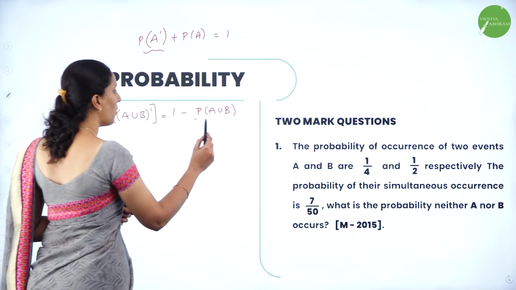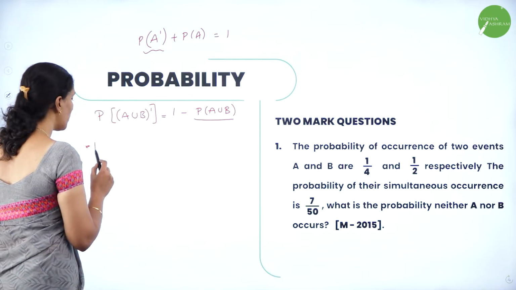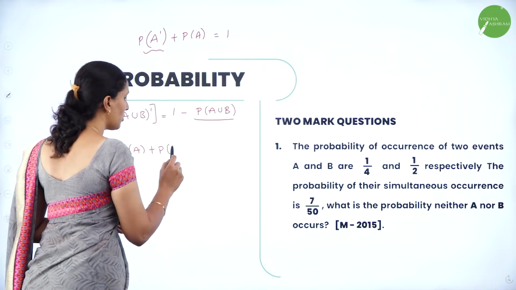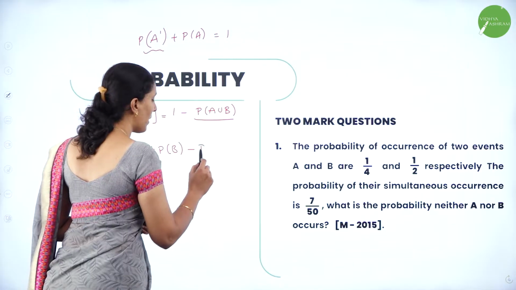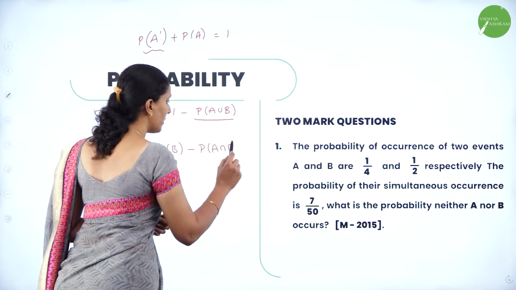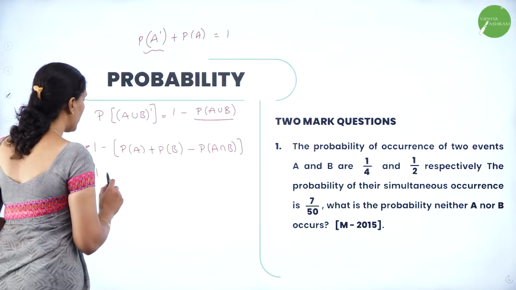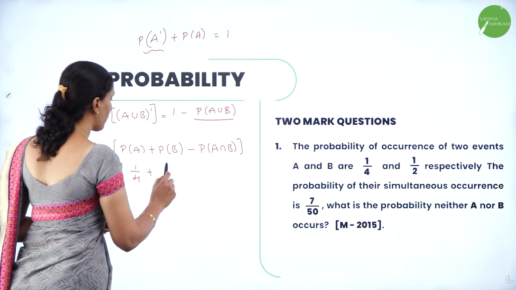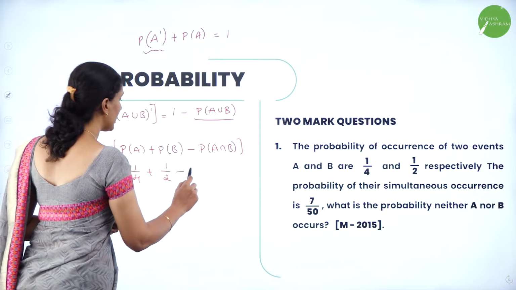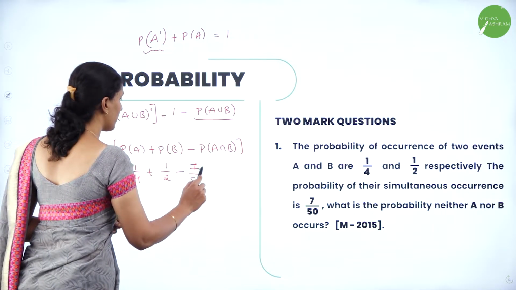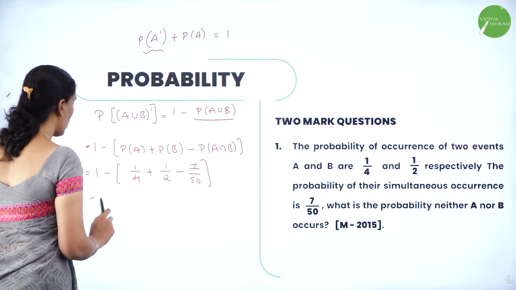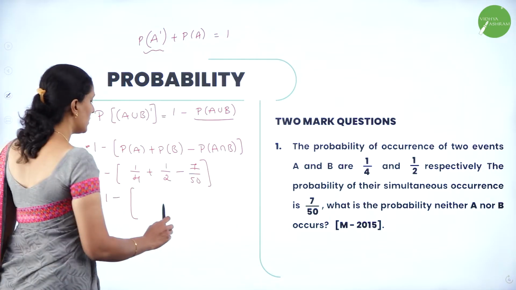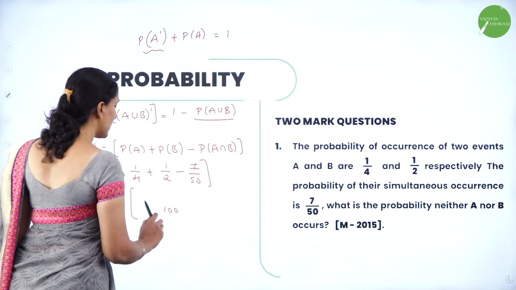Now we know the formula: it is equal to 1 minus, probability of A plus probability of B minus probability of A intersection B. From the data, we have probability of A as 1 by 4, probability of B as 1 by 2 and A intersection B as 7 by 50. On solving this, the LCM of 4 and 50 is 100.